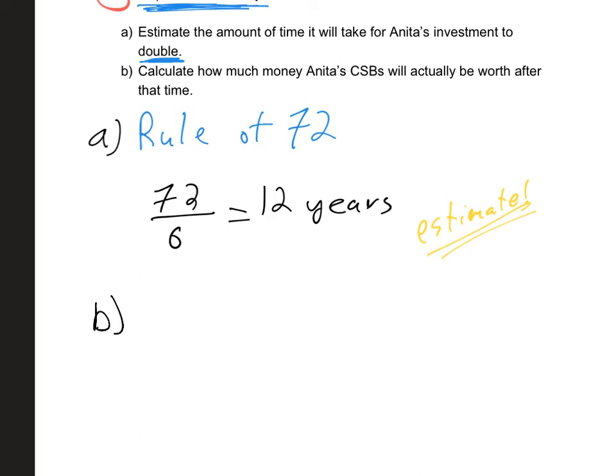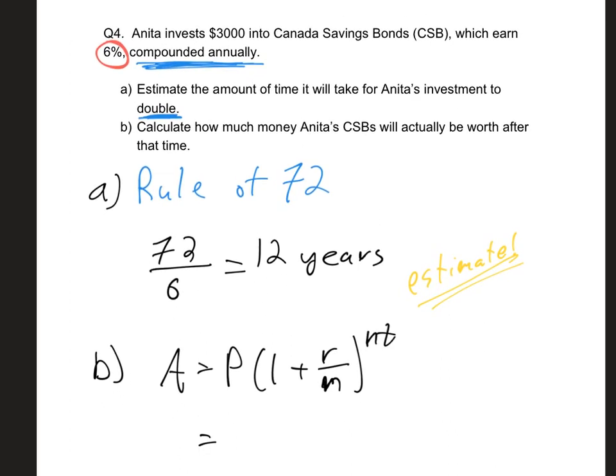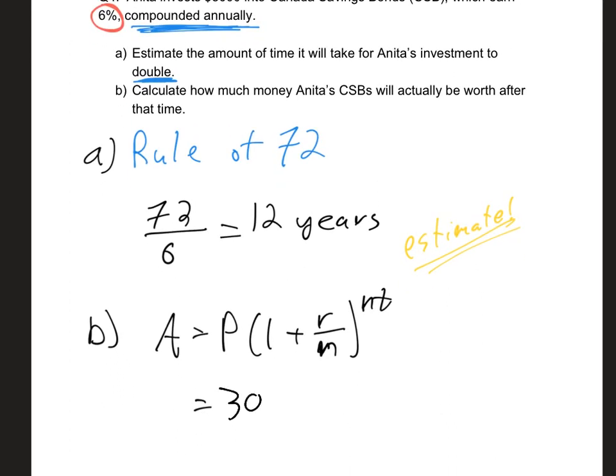Part B asks us to calculate how much money Anita's Canada Savings Bond will actually be worth after that amount of time. So after 12 years, what is the value of these Canada Savings Bonds? How close is it to our estimate? Well, the investment was $3,000.